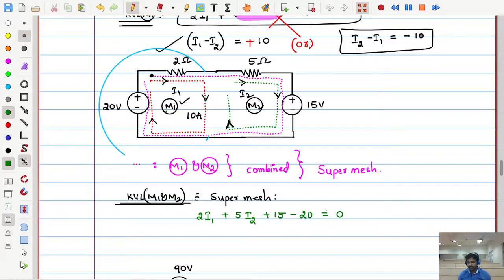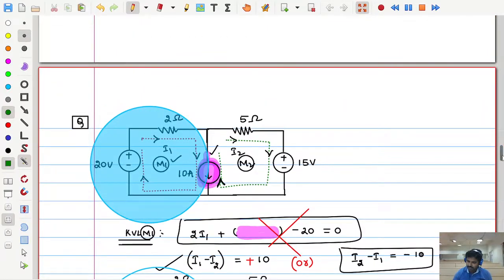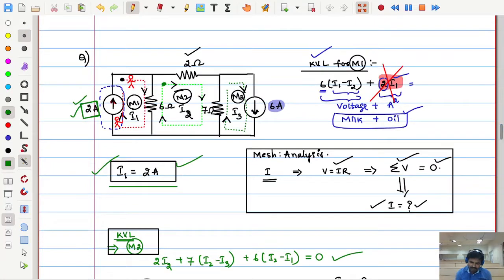2 equations, 2 unknowns. So we can solve these 2 equations also. This is what super mesh analysis is. So in mesh analysis, these categories of problems we will come across. One is the lucky dip, where the current source is a friend only for you.